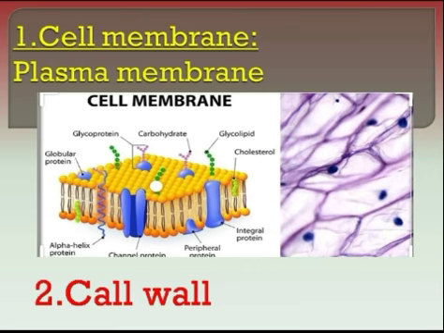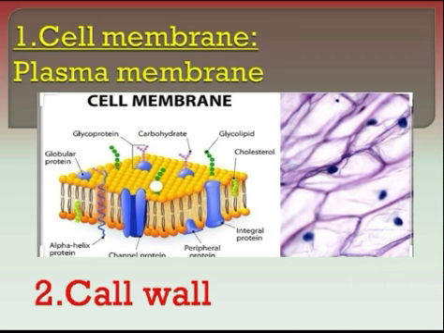Okay, now what are the functions of the cell membrane? Cell membrane is flexible. It is made up of lipids and proteins. Cell membrane separates the cytoplasm from the external environment. So this is known as a plasma membrane. Cell membrane gives the shape of the cell and encloses the cytoplasm.